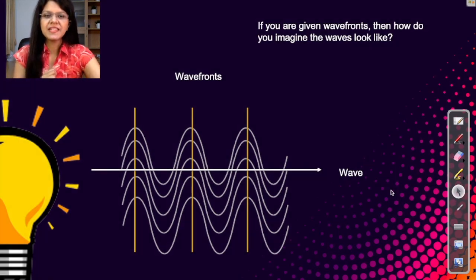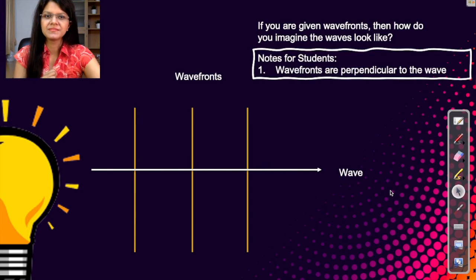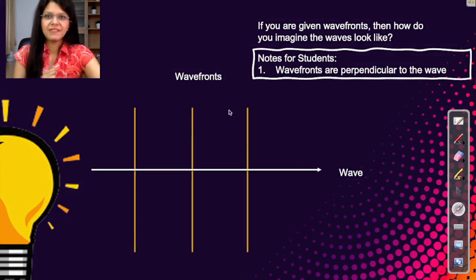So what is the relationship that you see here between the wavefront and the waves? Note for the students, please write it in your notebooks. The wavefronts, which are the imaginary lines, are actually perpendicular to the wave. Can you see it?